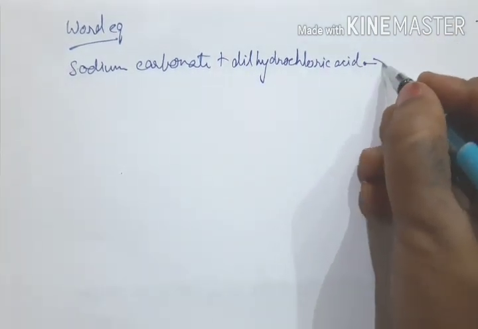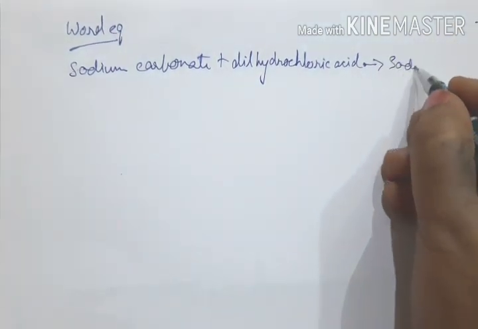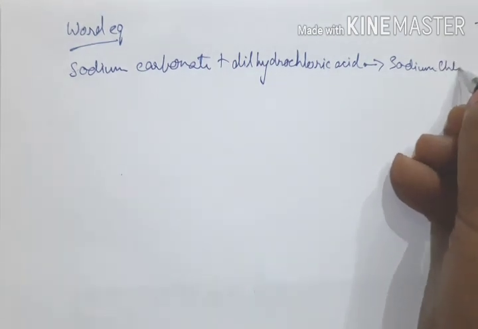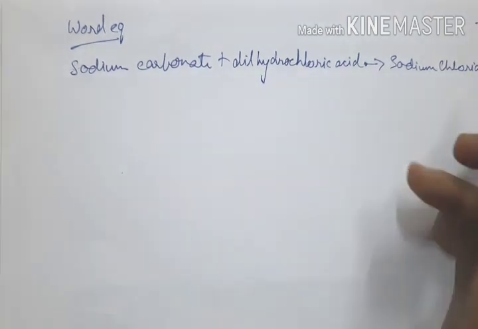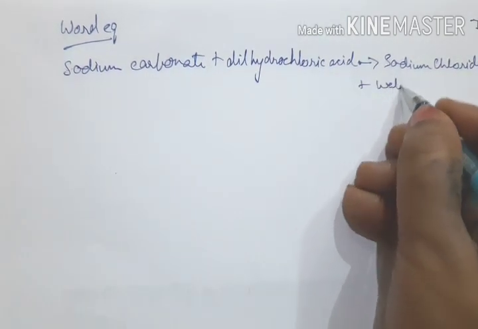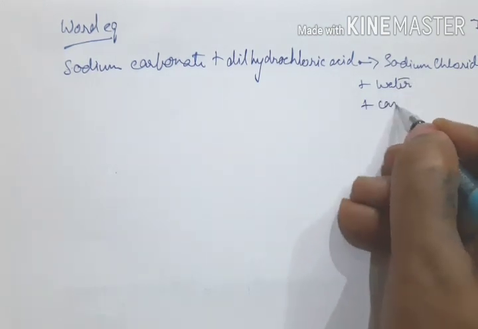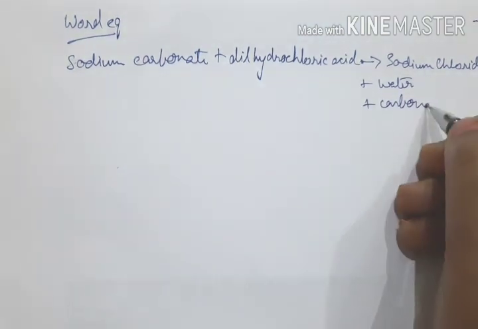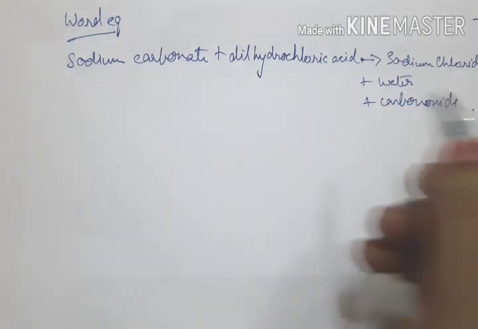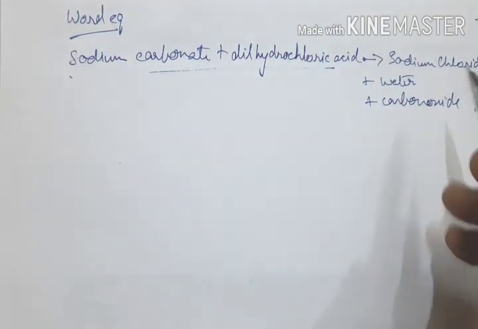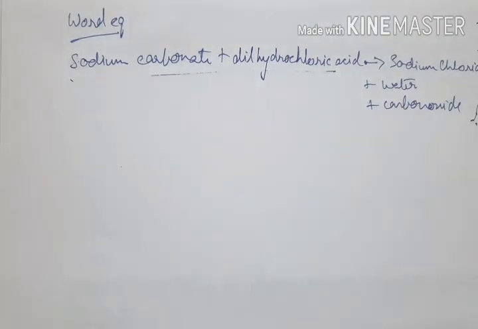The products formed are sodium chloride plus water plus carbon dioxide. Now this is the reactant and these are the products.